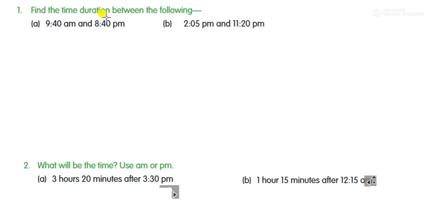Here find the time duration between the following: 9:40 am and 8:40 pm. So here we have to find the duration between 9:40 am to 8:40 pm. So 9:40 am to 10 am. Next 10 am to 8 pm.